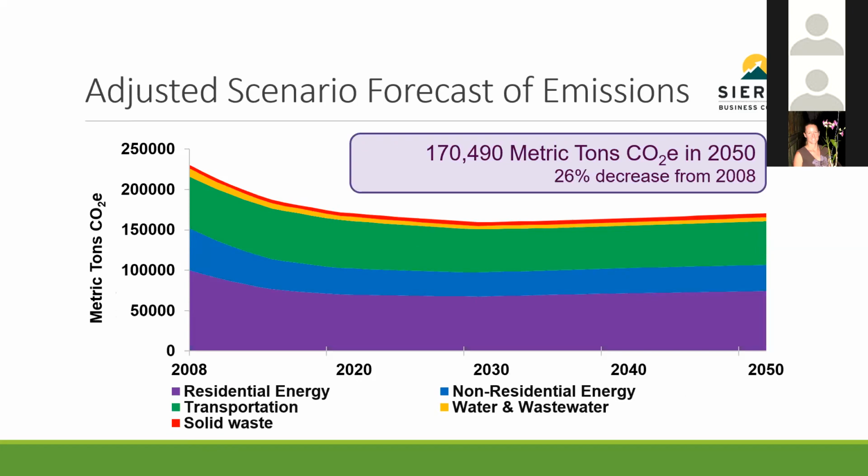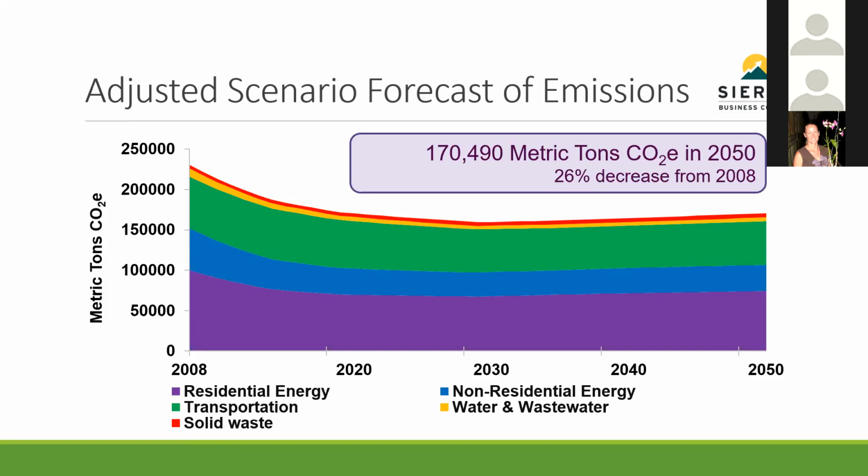Specifically, the two big ones are the state's clean car standards, which are requiring improvements in vehicle efficiency of new cars and promotion of electric vehicles and zero emission vehicles. And then the renewable portfolio standard, which requires utilities to procure renewable electricity.